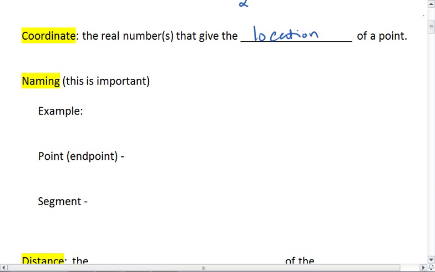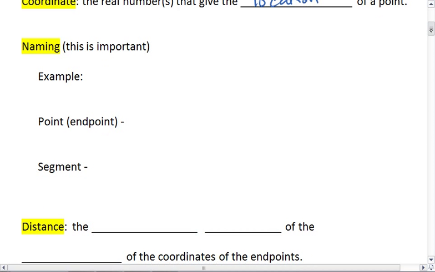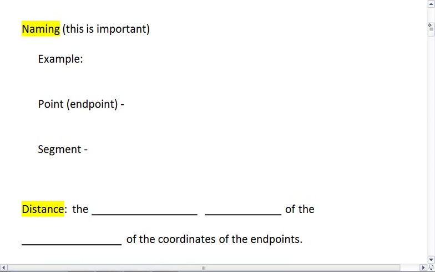Okay, naming. Naming is extraordinarily important in geometry. It's very important that you also get the notation correct and clear. For example, if we are looking at a segment AB, then it's going to have endpoints.